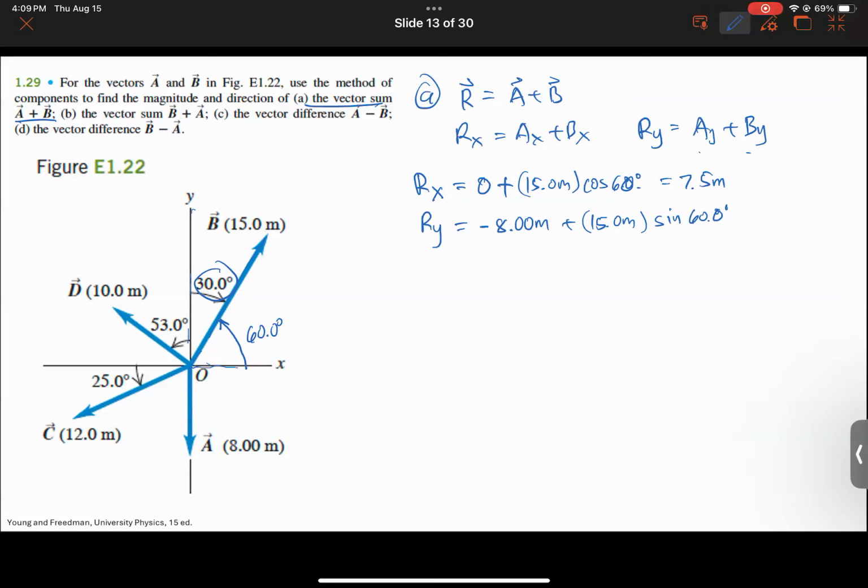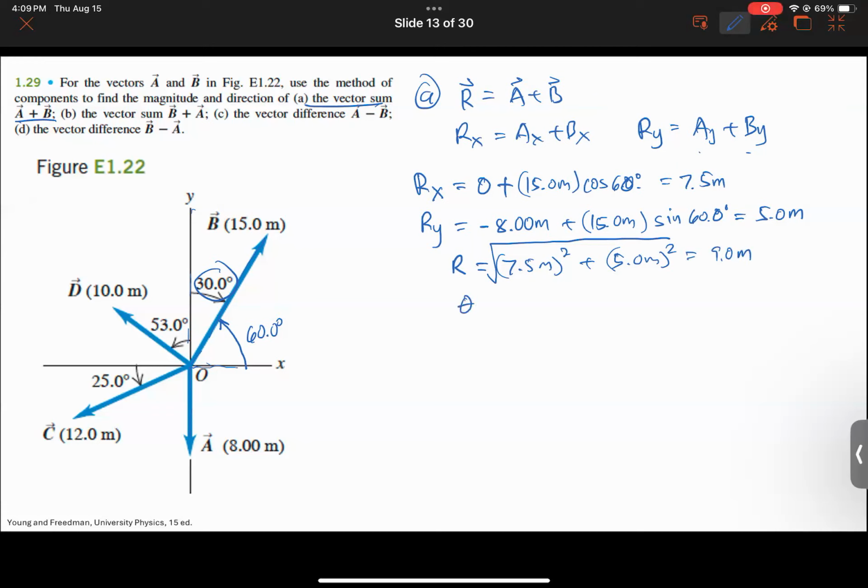Okay. So this gives us 5.0 meters. So yung resultant vector ngayon is square root of Rx, which is 7.5 meters squared, plus Ry, which is 5.0 meters squared, equal din ngayon sa 9.0 meters.